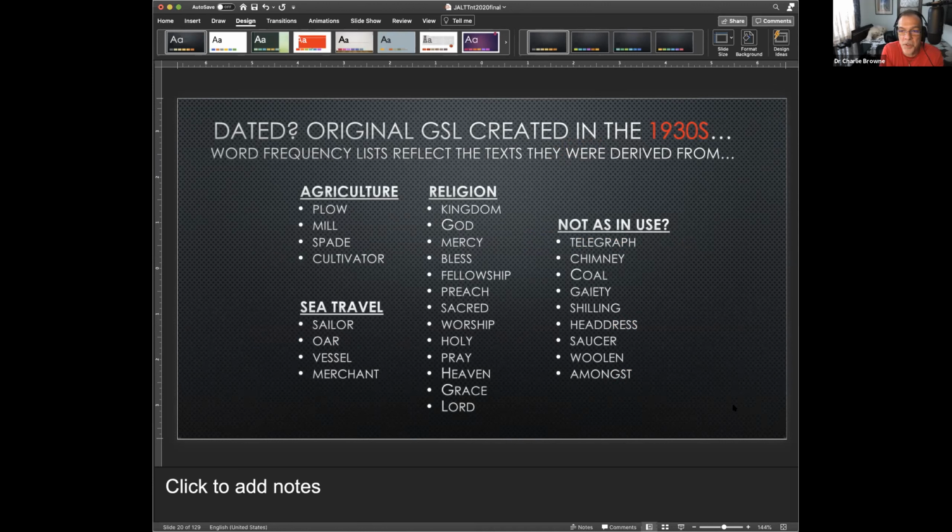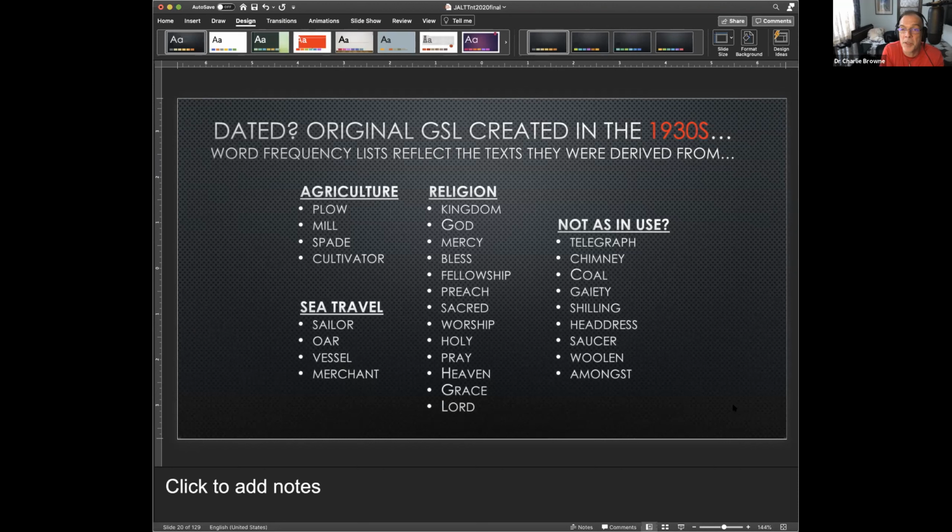How many of those words do your students encounter on a daily basis? Probably none of them, right? Because our society is no longer really based on agriculture. But 150 years ago, these might have been popular words. Sailor, oar, vessel, merchant. 150 years ago, yes, but maybe not so much now.